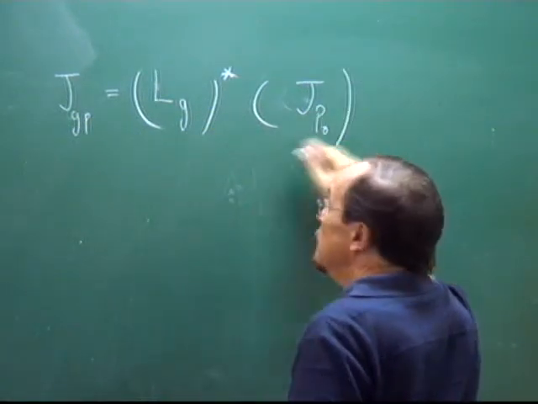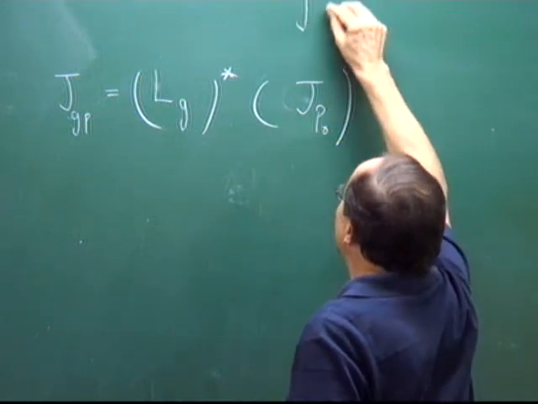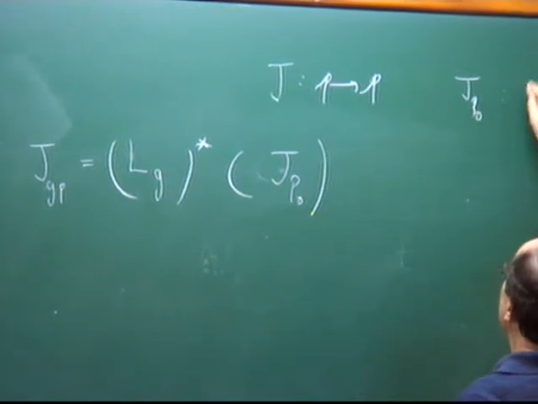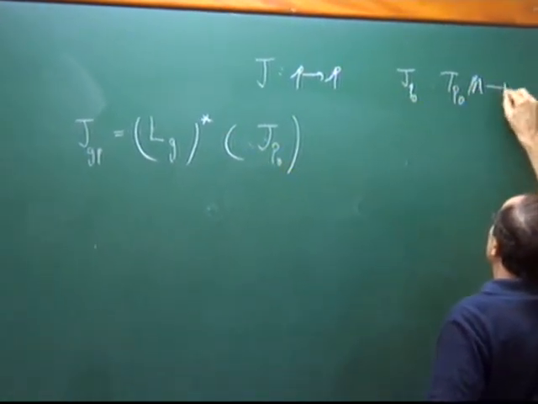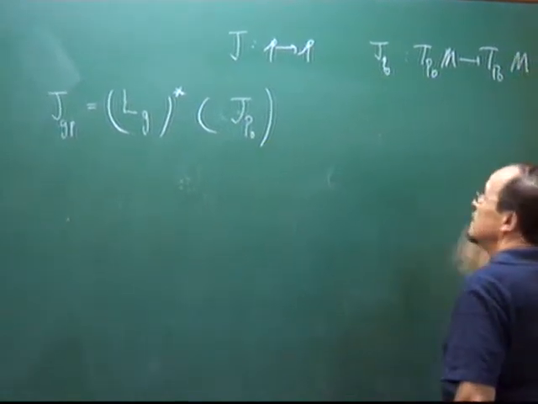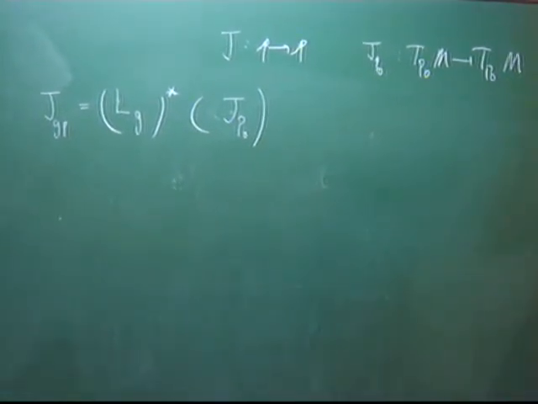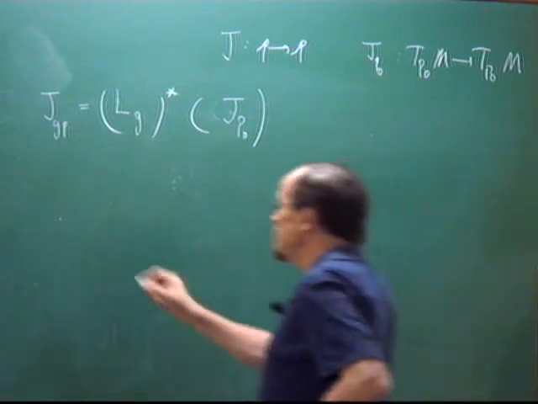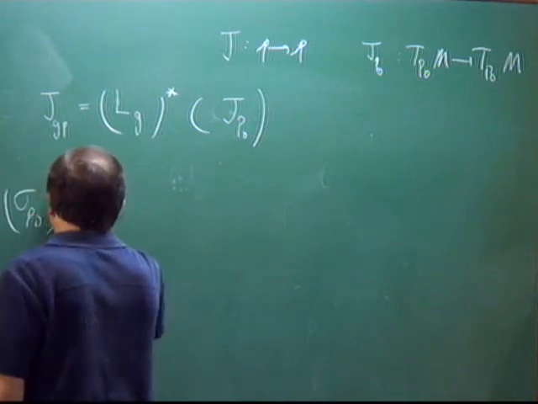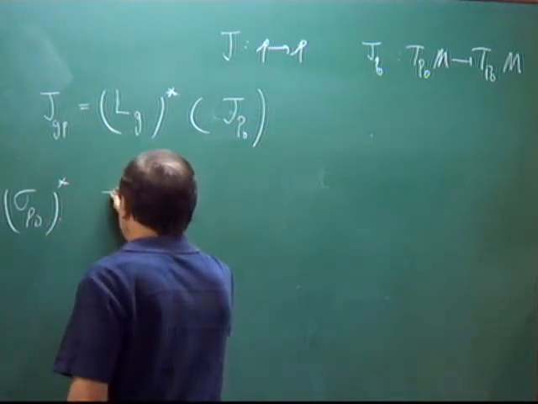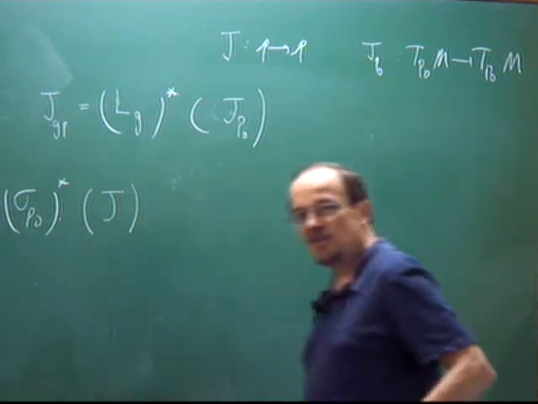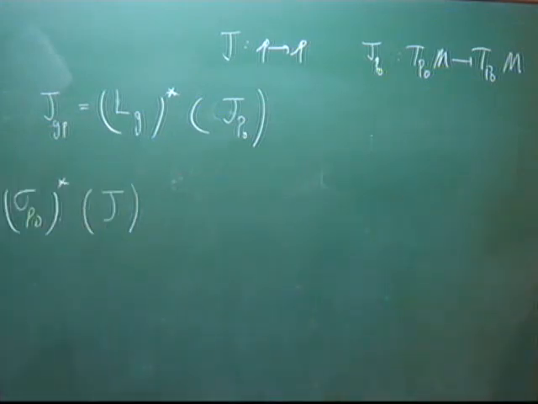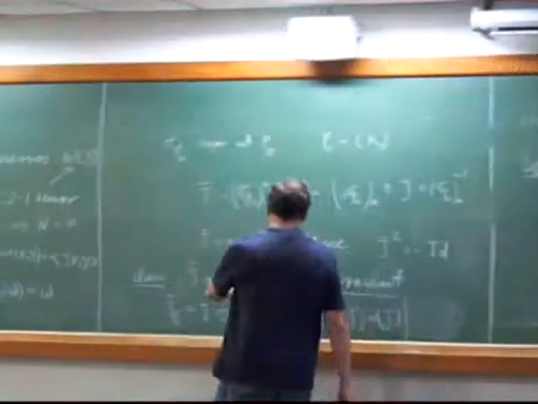So our J in the theorem I can regard as an element at P naught, taking T P naught M to T P naught M. Just to have some way to differentiate, that's my J, and now I want to take sigma P naught star of J. I want to prove it's left invariant. That's my complex structure, which I also want to claim is left invariant. Clearly, J is left invariant, right? So this is by definition left invariant. I define it by left translations.